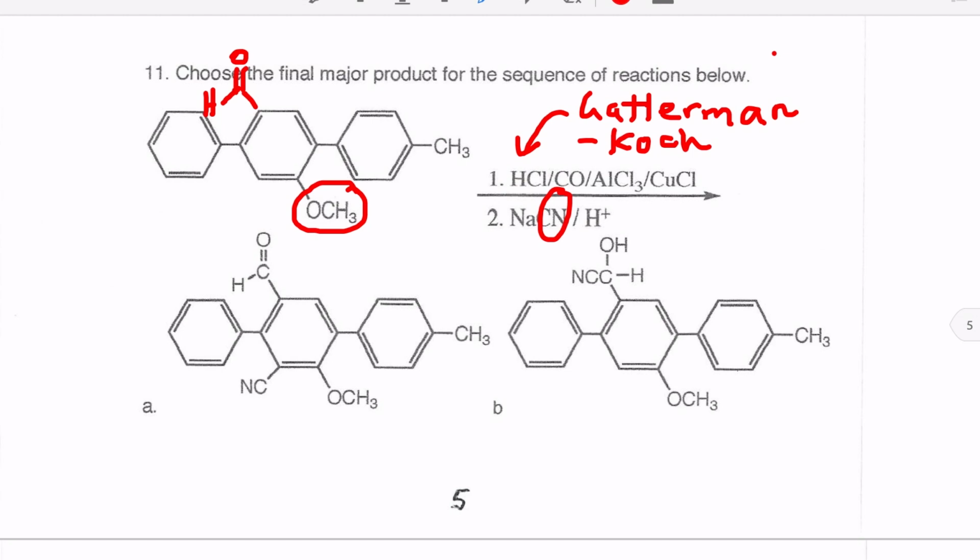So it might be tempting to just initially put the cyanide on the central ring, but what we know is that with aromatic rings we can't just add a nucleophile.